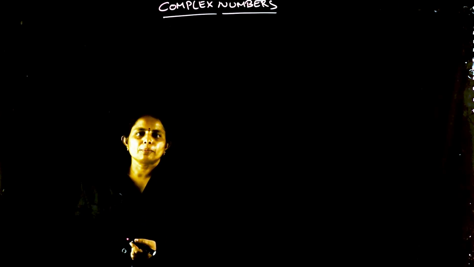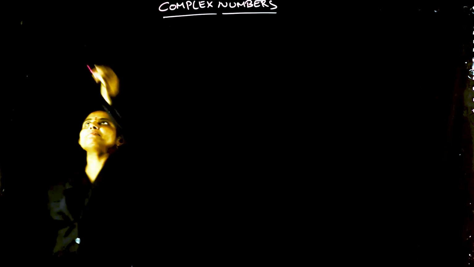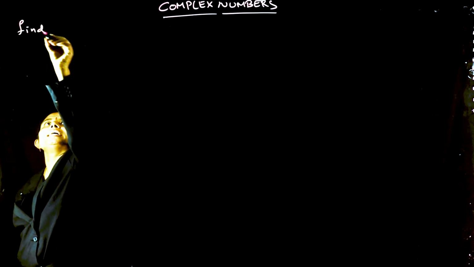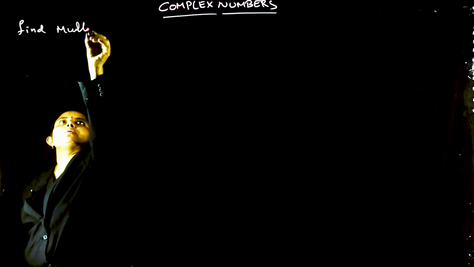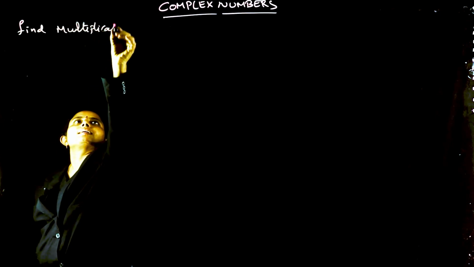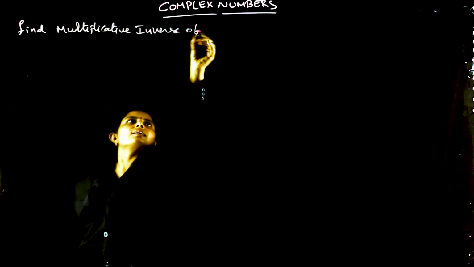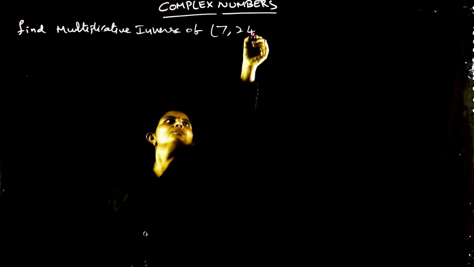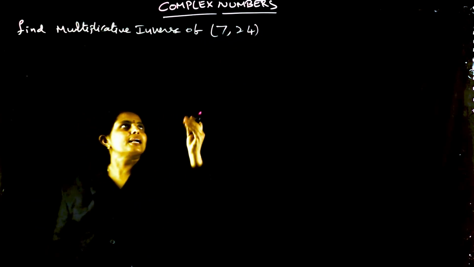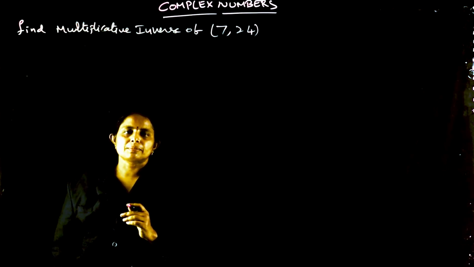Next, do one more problem. Find multiplicative inverse of 7 comma 24. So we have to find multiplicative inverse of 7 comma 24.